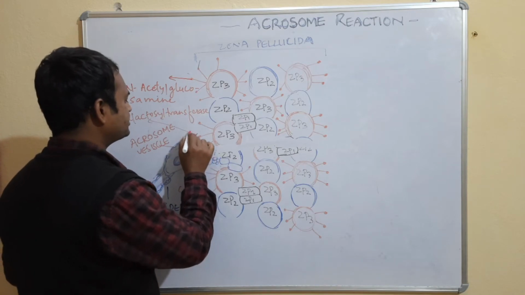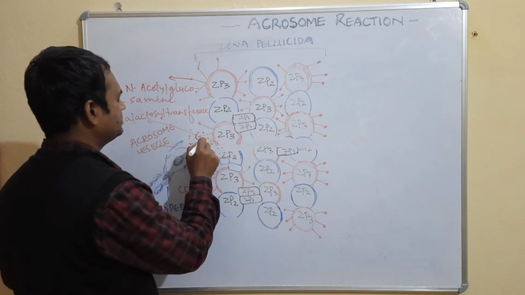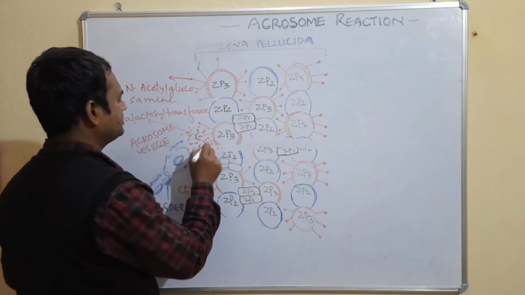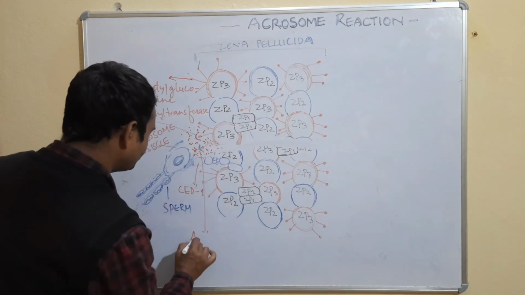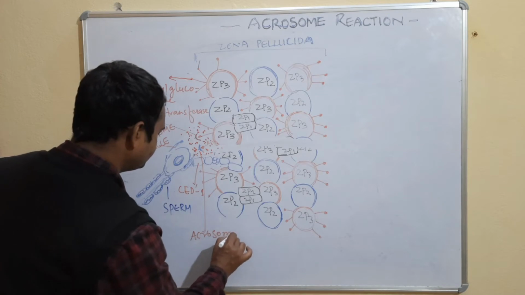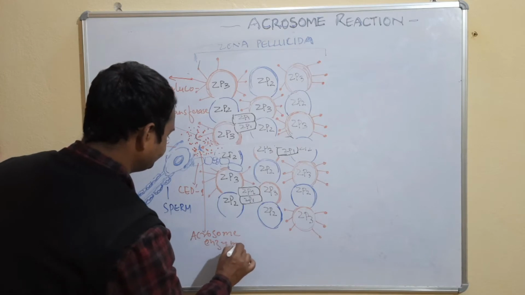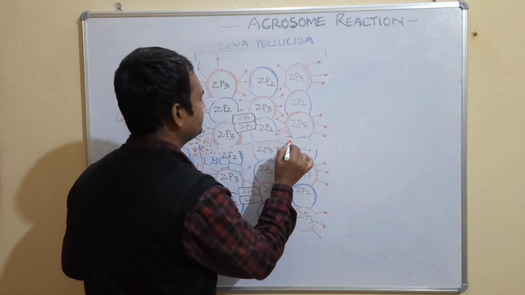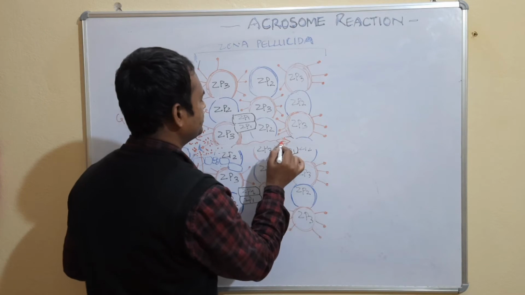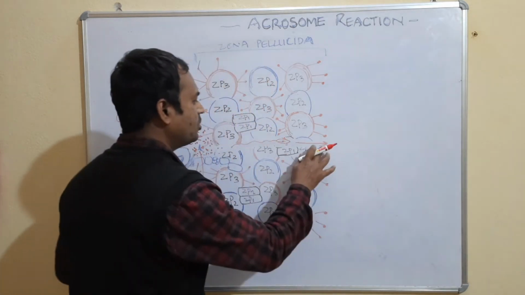So these are the acrosome enzymes, and now this sperm moves towards the another region of the ovum.